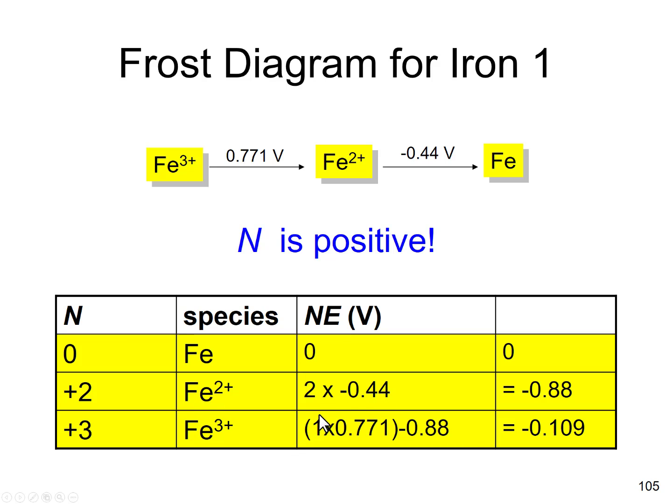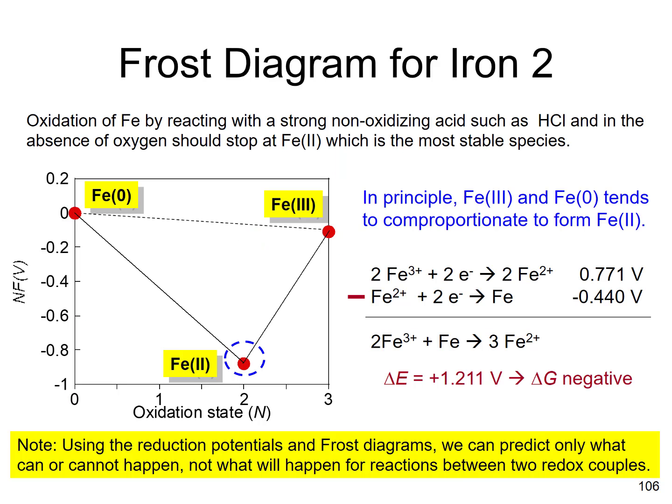And in order to obtain this value, whereby the E0 is not given here, which means the reduction of iron 3 all the way to iron 0, that potential is not given. And so we obtained it from the Latimer diagram, which involves this particular calculation. So if we do that, then we have minus 0.19 volts. And so using these values, we can again draft our Frost diagram.